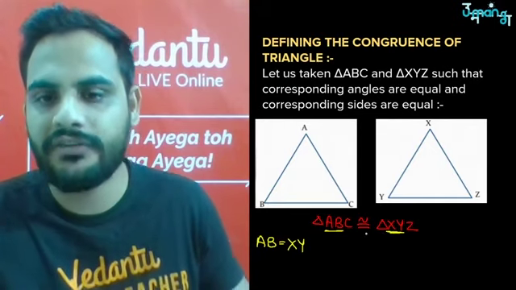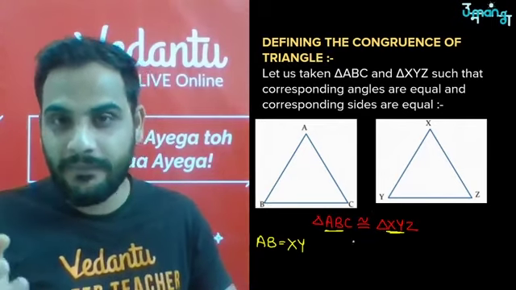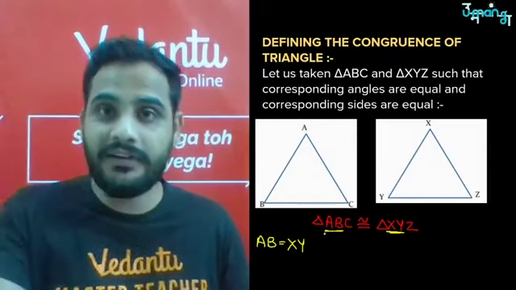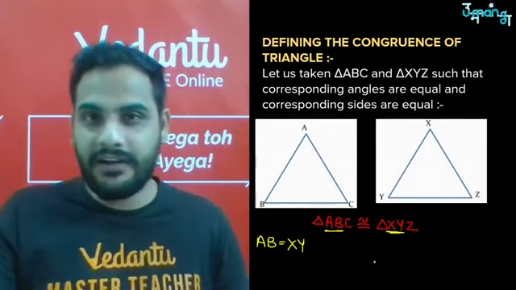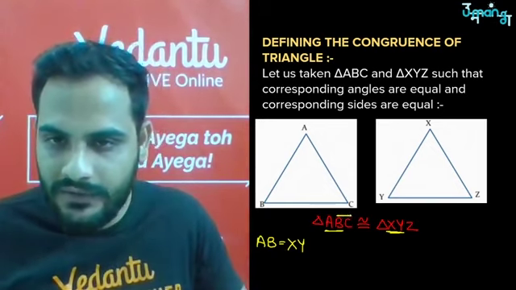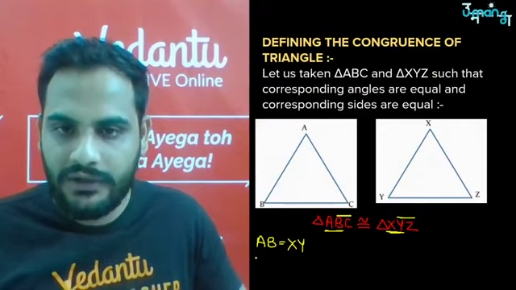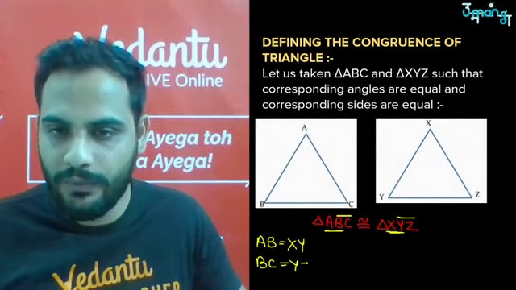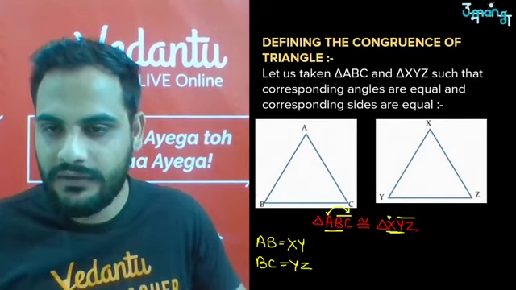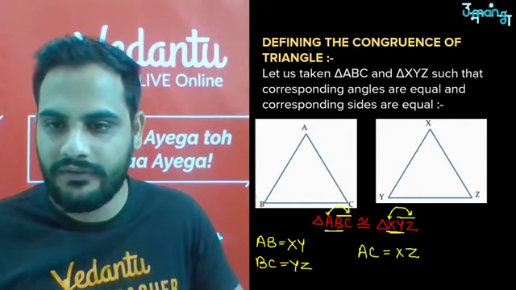It really matters a lot: if I write triangle ABC is congruent to triangle XYZ, and if I write triangle ABC is congruent to ZXY, they represent different cases, because the corresponding points change. Then the second and third points, BC is equal to YZ, and the first and the third, AC is equal to XZ.